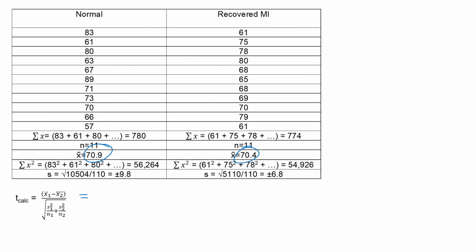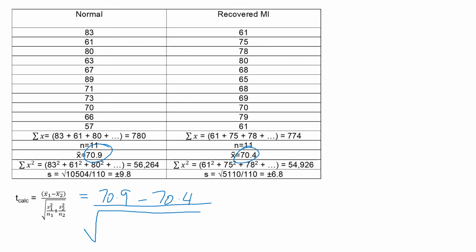First, take the mean of the first group's data points, which was 70.9, and subtract the mean of the other group, which was 70.4. Then you're going to divide, and you're going to put your square root.